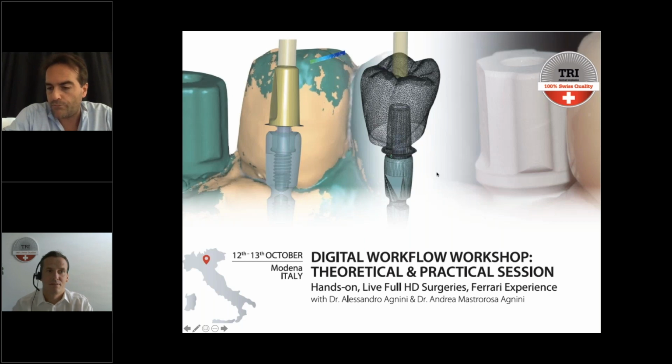And then we have different intraoral scanners. We have typodonts, so they can try the different scanners and understand the differences.